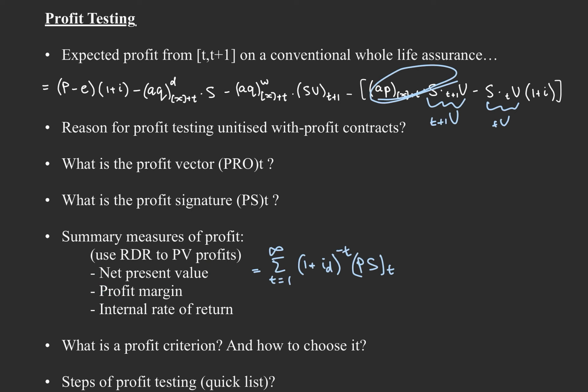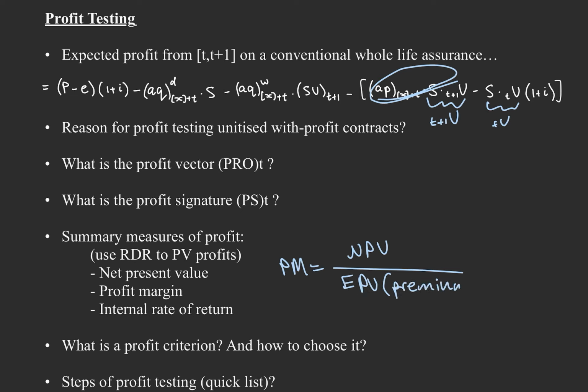The profit margin is equal to the net present value over the expected present value of the premiums. So you think of that as the profit over the revenue or over the income.